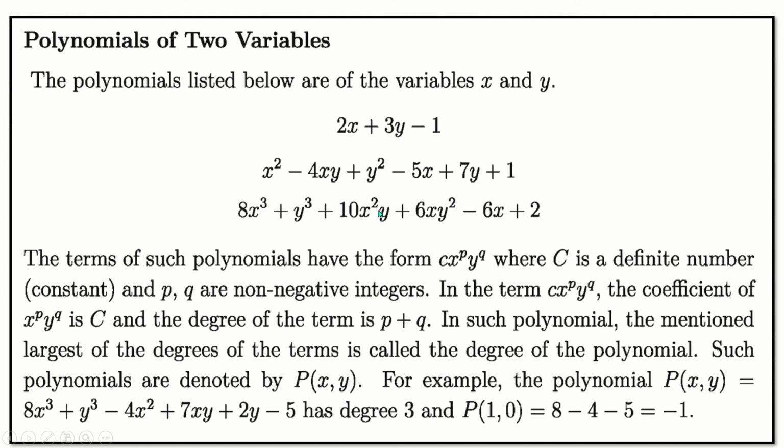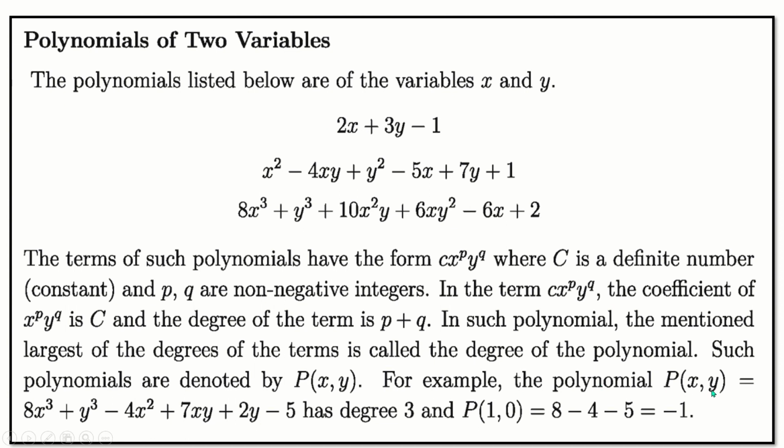So the power of x is equal to 2 and the power of y is equal to 1. So 2 plus 1 is equal to 3. Also here the power of x is equal to 1 and the power of y is equal to 2. So 1 plus 2 is equal to 3. Clear? So this is the degree of this polynomial.